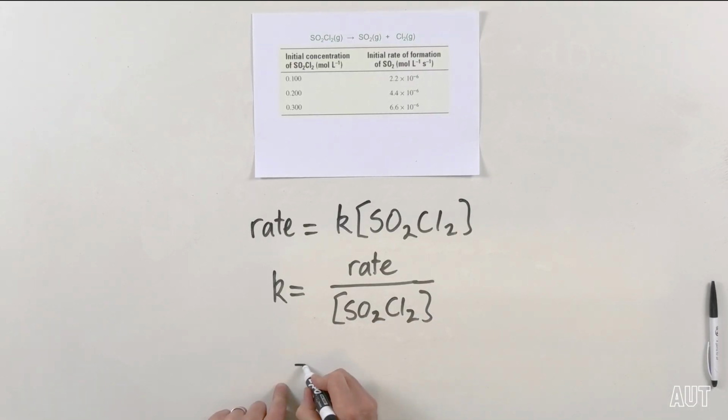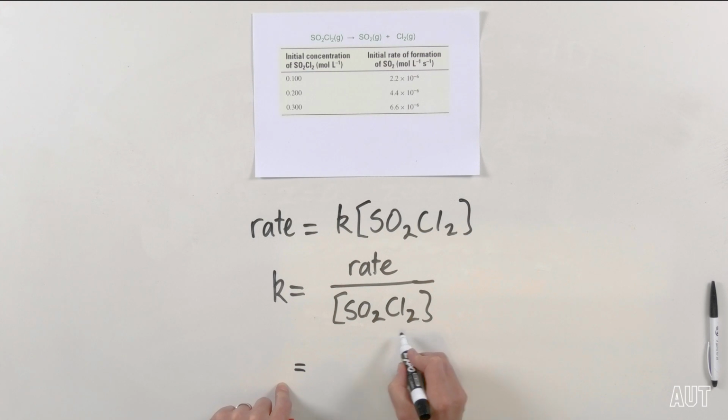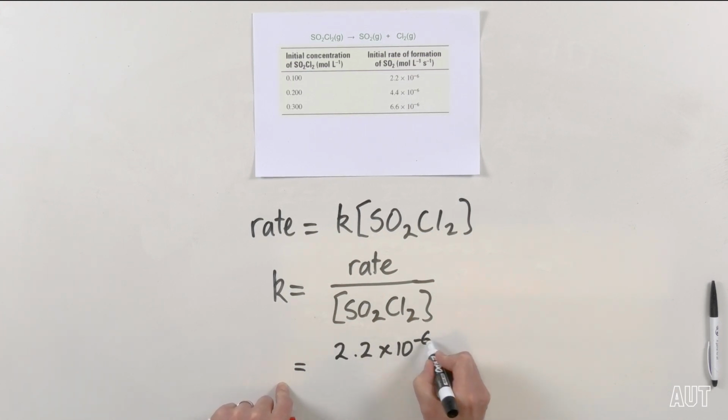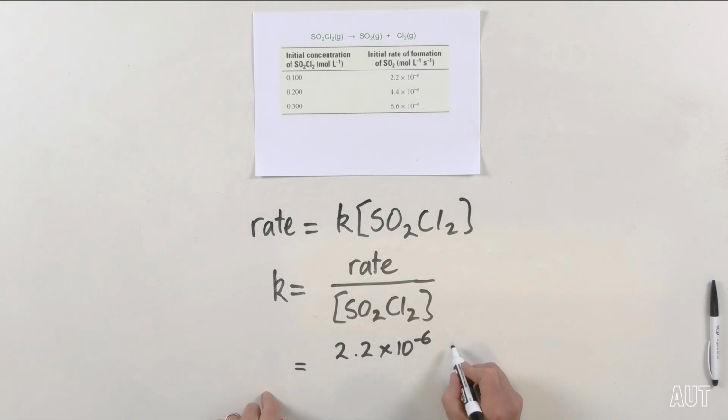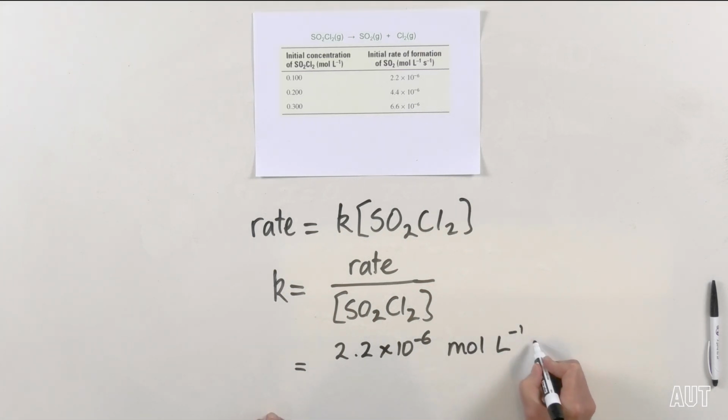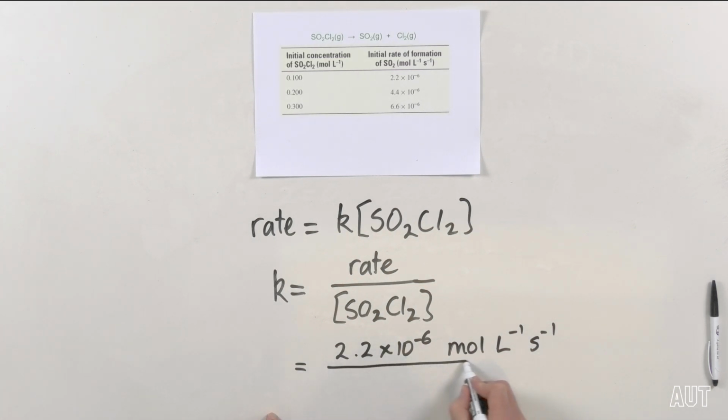Plug in the numbers, so K is equal to the rate over concentration of SO2Cl2, so we're going to have 2.2 times 10 to the minus 6. And again, remember, put in your units all the time, because that's important, because we're going to see that K has different units depending on the order of the reaction. So that's going to be mole per litre per second divided by, in this case, 0.100 mole per litre.